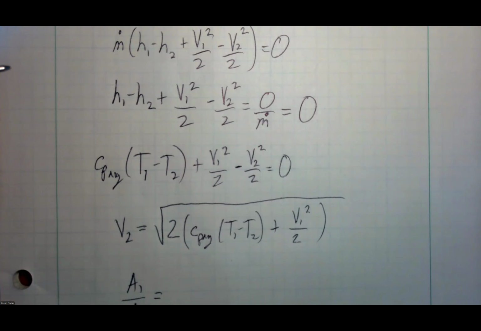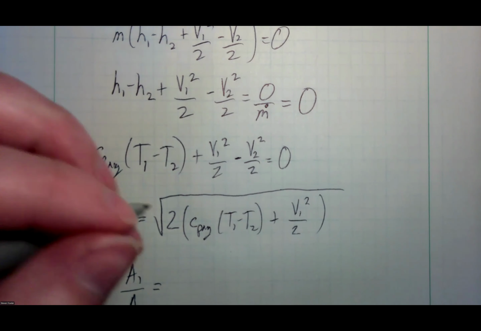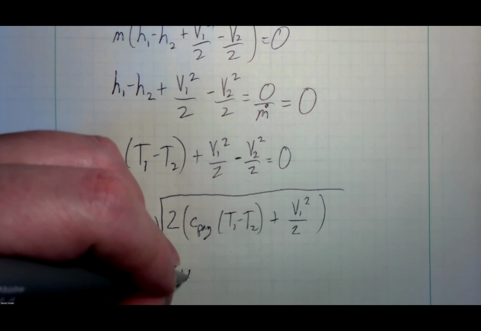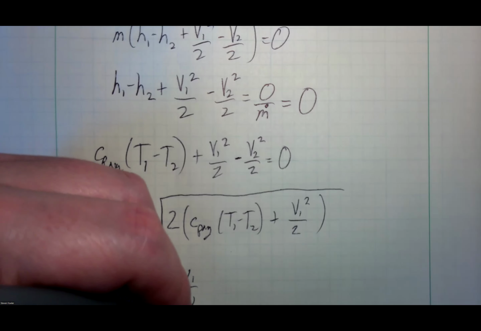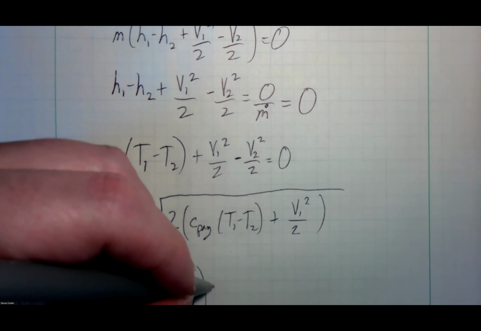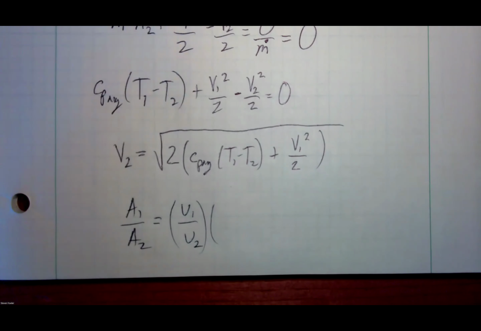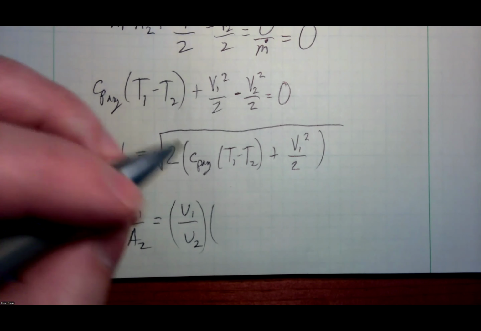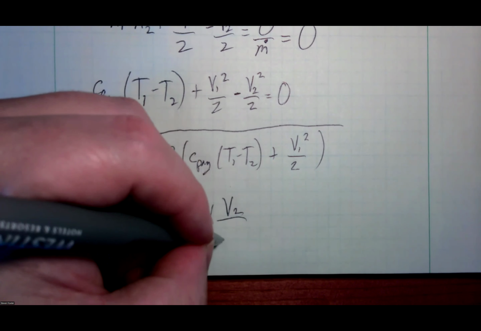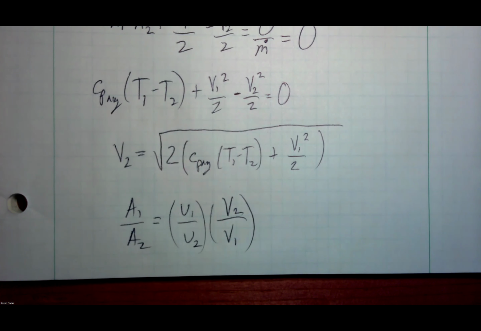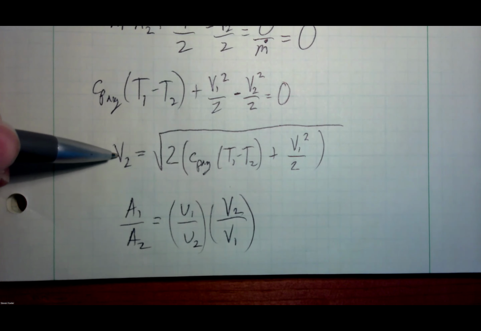I'm going to group like terms together, and that means I'm going to put on this side of the equation little v1 over little v2. And then big V2, the speed, divided by big V1, the initial speed. And I'm going to be able to find V2 here.